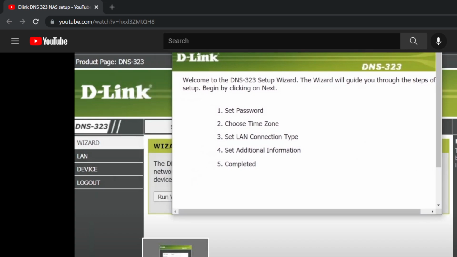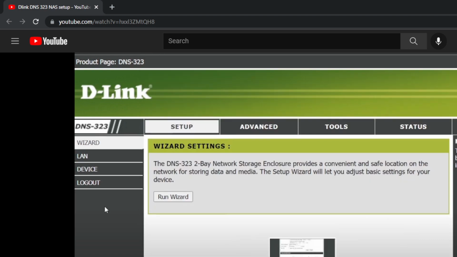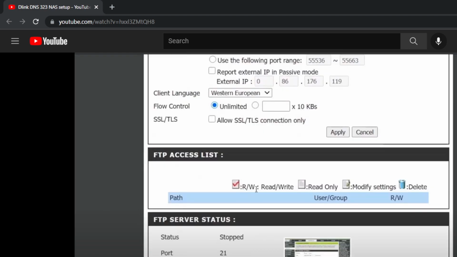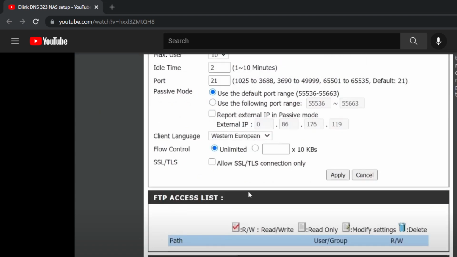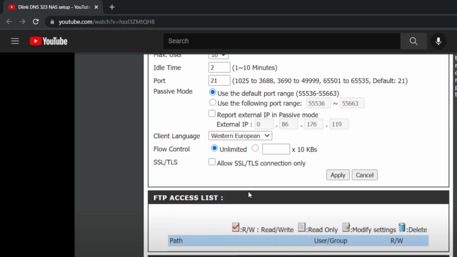What you're looking for is the IP address of the IP.